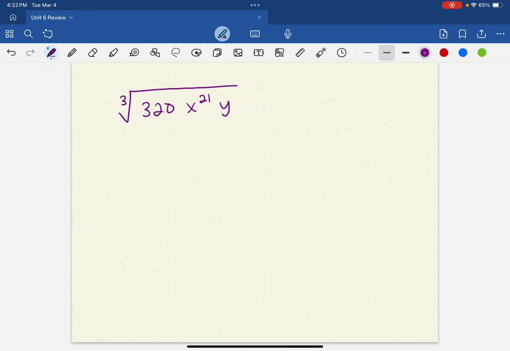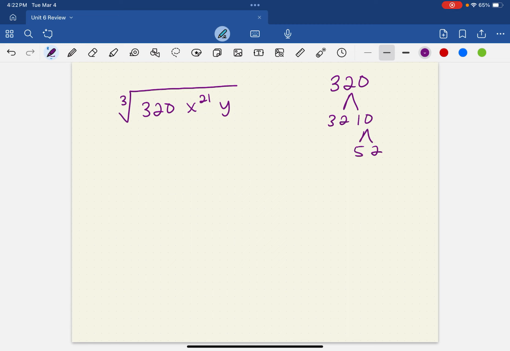Remember that y has a 1 on it. So let's go ahead. I'm going to start by breaking down 320. If you would like, you can find the perfect root and then go from there. It's your choice. I am just going to start with 32 and 10.